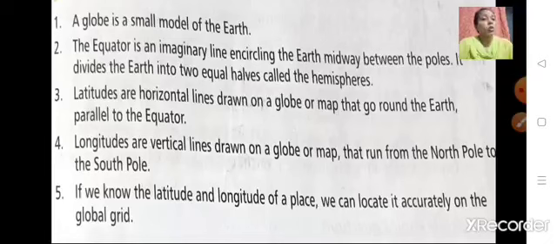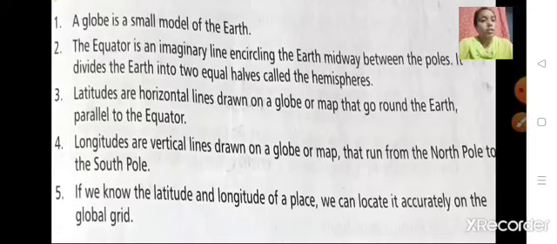Latitudes are horizontal lines drawn on a globe or map that go round the Earth parallel to the equator. Point 4. Longitudes are vertical lines drawn on a globe or map that run from the North Pole to the South Pole.